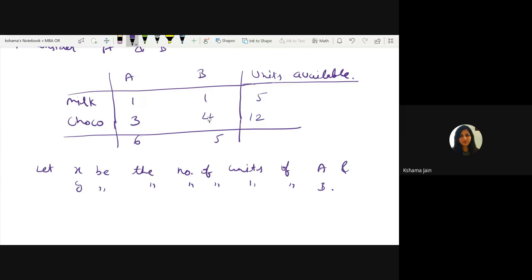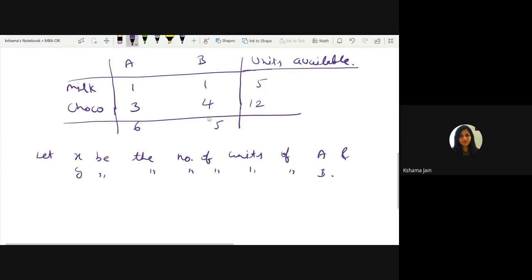So first of all, you will write like this: objective. Maximize Z is equal to 6X plus 5Y. Look at it carefully, and any doubt, please ask.